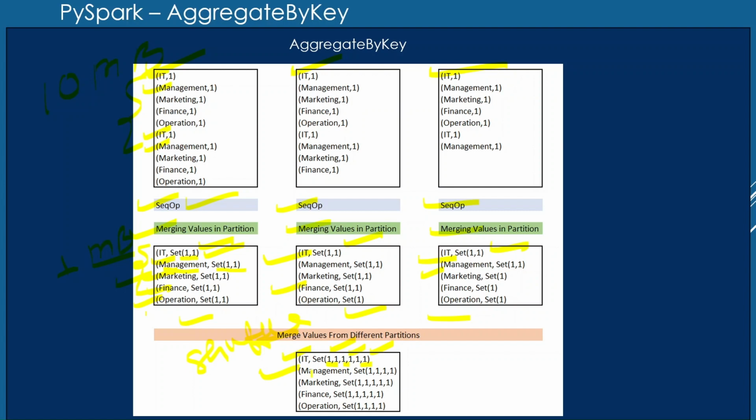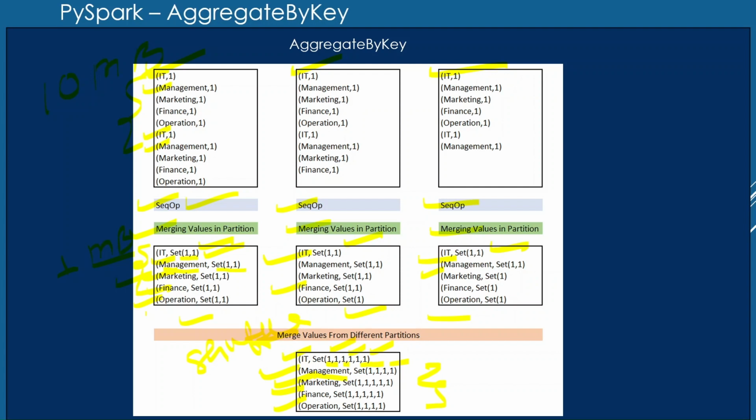We can also validate this management key, right? The value is this one and this one. Same for marketing, finance, and operation. So this value is getting generated with the help of a combine function.